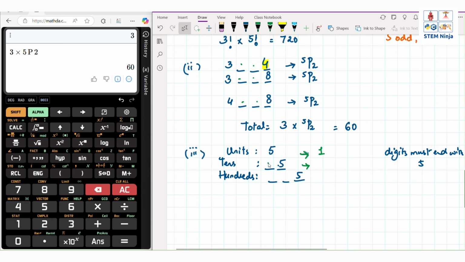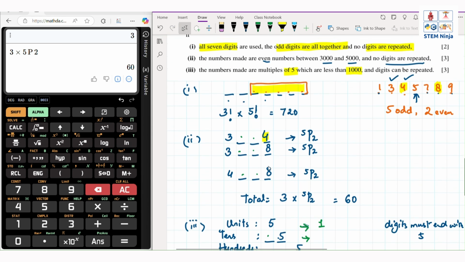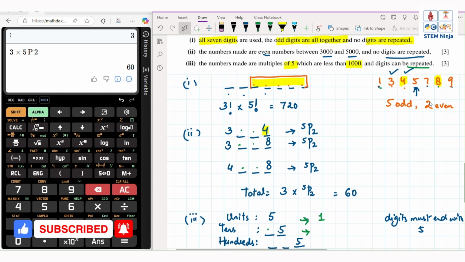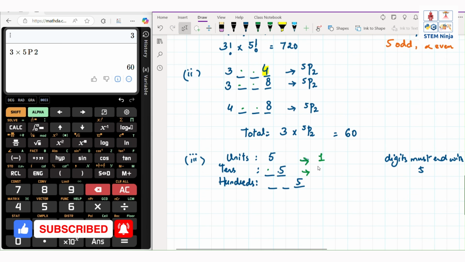Now for this thing, as you can see, digits can be repeated. So we have 7 digits over here. Any one of those 7 can come over here. So 7. Similarly, 7 can come over here, 7 can come over here. Any one of the 7 digits, any one of the 7 digits, so that would be 7 times 7.